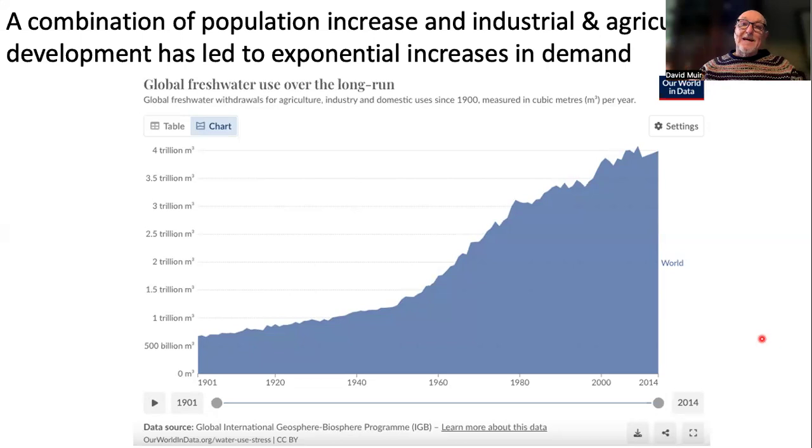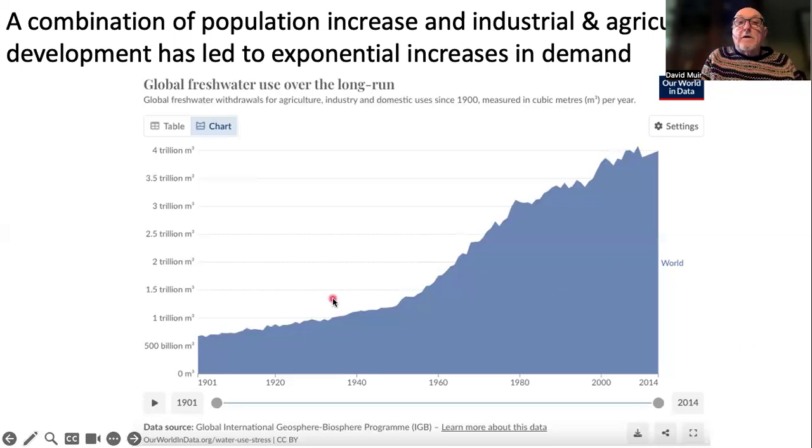The population is demanding more industrially. Industrial development has boomed. And in addition, the processes of farming, of producing food for this burgeoning population, have also become industrial. And all of those farming practices that we talked about before, the monoculture, intensive agriculture, intensive use of agricultural land, all of those things demand more and more and more water.